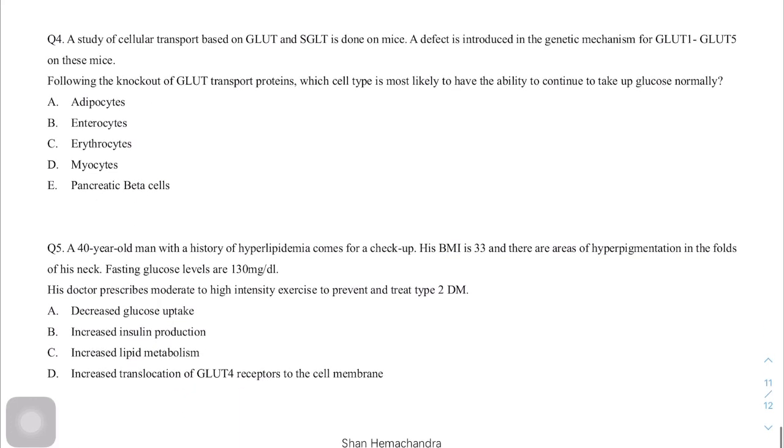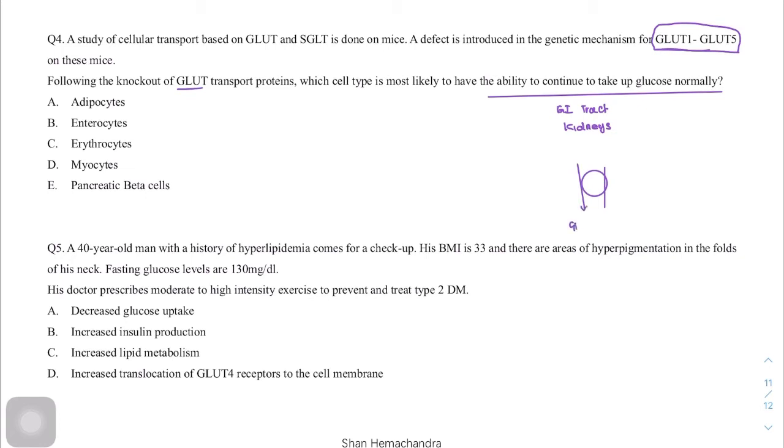The next question: a study of cellular transport based on GLUT and SGLT is done on mice. A defect is introduced to the genetic mechanism of GLUT1 through GLUT5. So all these GLUT are knocked out, so the GLUT are not working. Which of the following cells has the ability to continue to take up glucose normally? Now remember, I told you guys, the GI tract and the kidneys are able to take up glucose via the SGLT2 and the SGLT1 transporters.